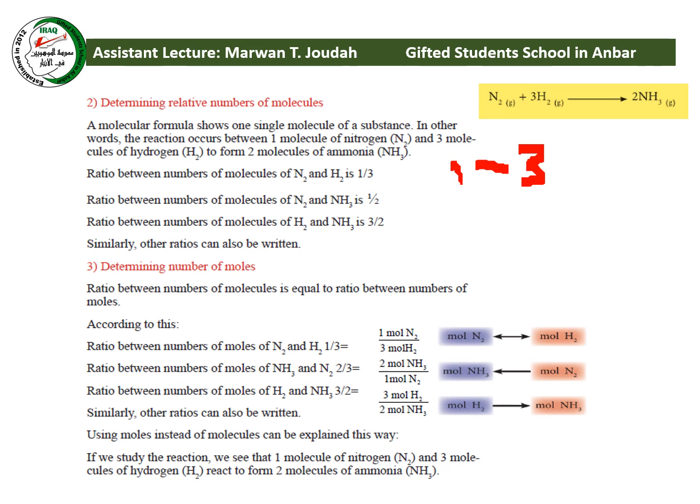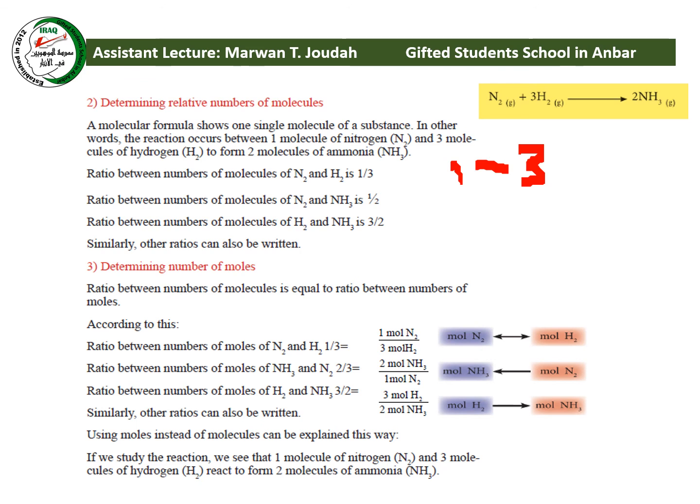For the third one, the hydrogen and ammonia: we have 3 moles of hydrogen and 2 moles of ammonia. So 3 to 2, the ratio. Let's get to the third one, which is determining the number of moles. How can we get the number of moles of any substance or of any reactions?